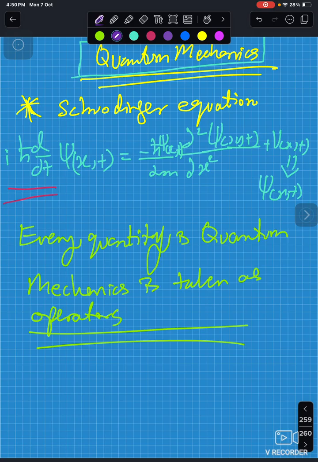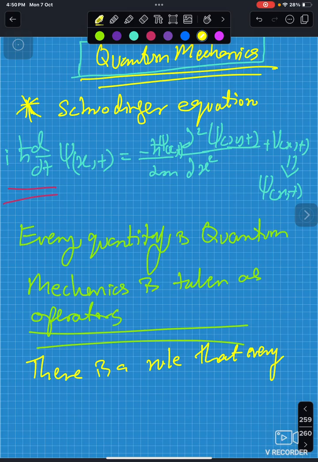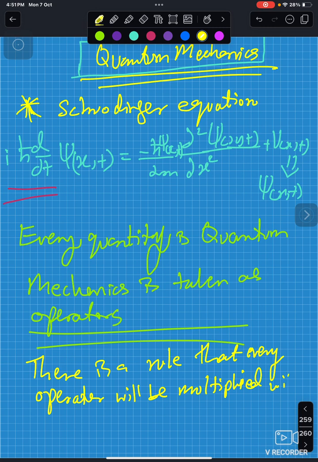Then when we talk about the operators in quantum mechanics, there is a rule that every operator will have a psi function or a wave function. It should be applied to each operator.